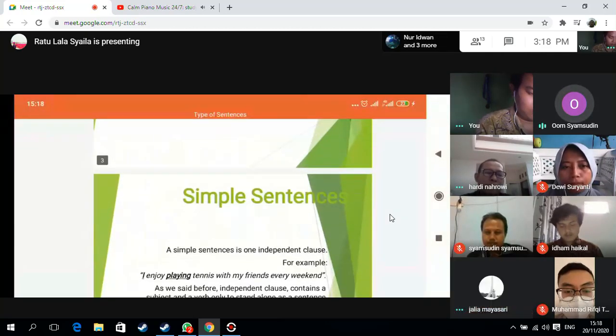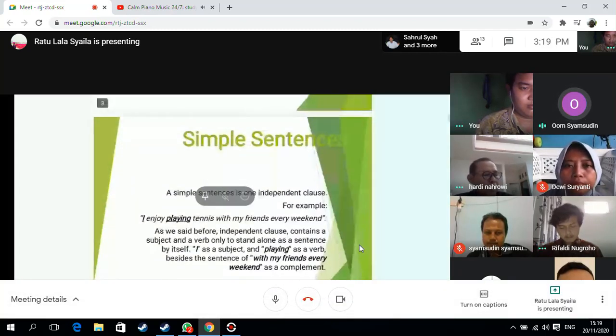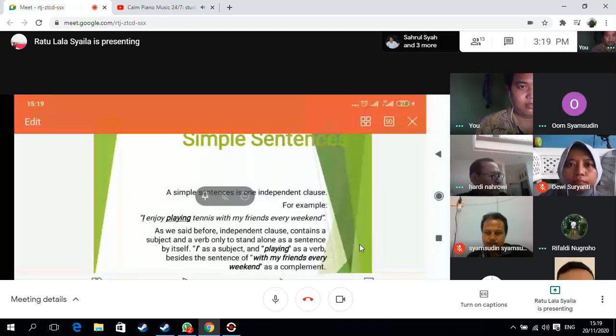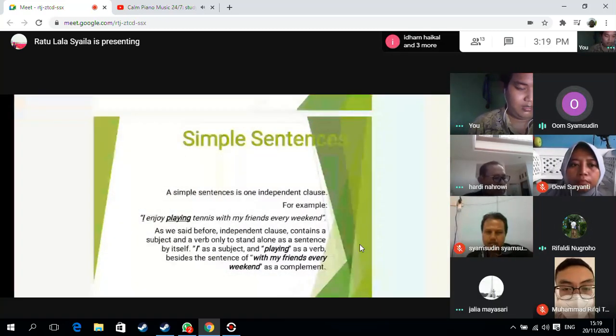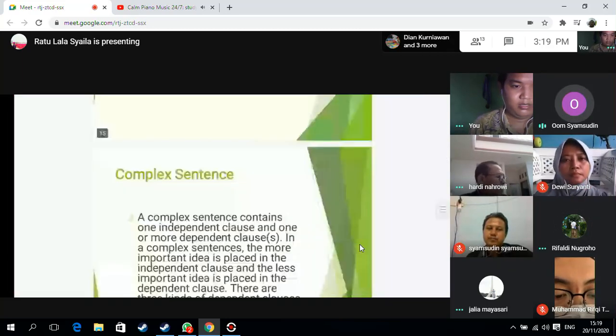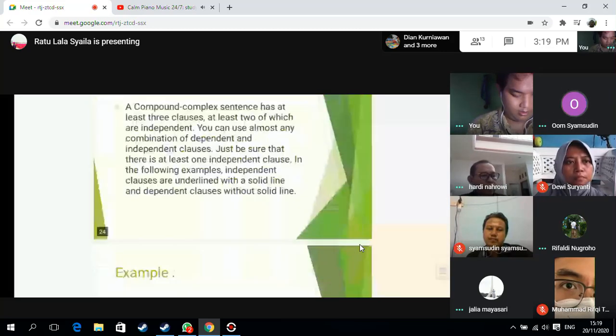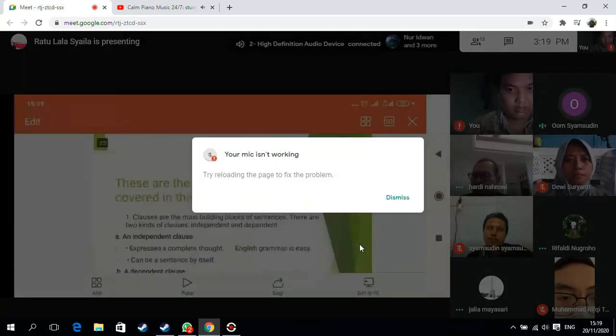So, Bu Lala or Pak Rifaldi or Pak Faisal, could you please give me a little bit of summary of your sentences here? You talk about independent clause, simple sentence, and then what are you talking about?